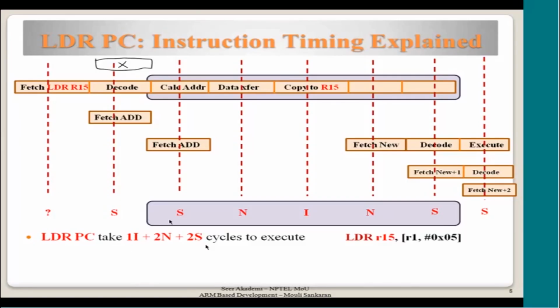Now the topic of interest is how many cycles this is going to take. When you see this in the manual, you cannot directly find out why it is taking so much time. But with this explanation of the pipeline and exactly what is happening, you are ready to validate any kind of instruction.